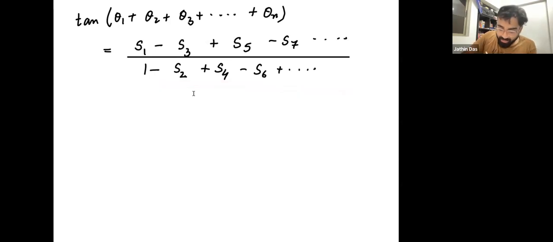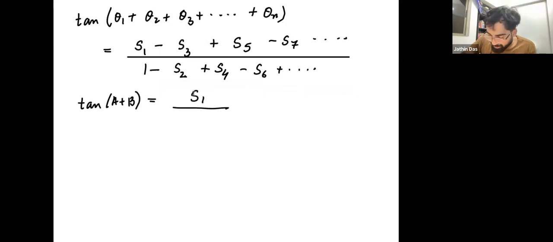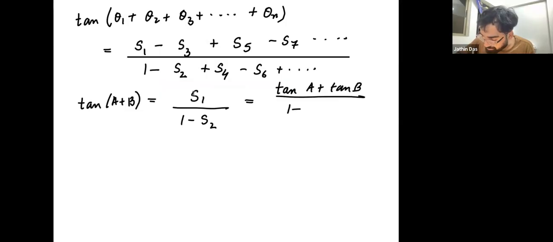Now let us see if it is working for tan of A plus B plus C. First tan of A plus B you can try. You have to stop till 2. Okay? Don't take S3. So I'll take only S1 in the numerator, divided by 1 minus S2. Matlab S1 means sum, tan A plus tan B. And S2 means product, because only 2 are there.